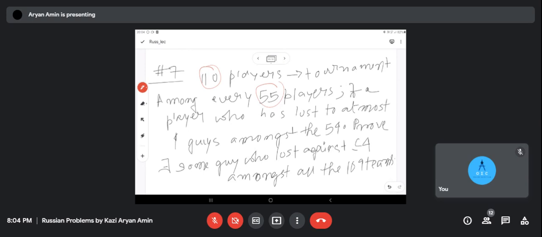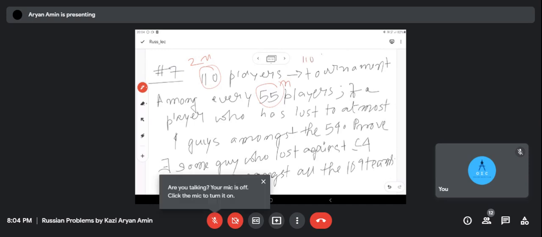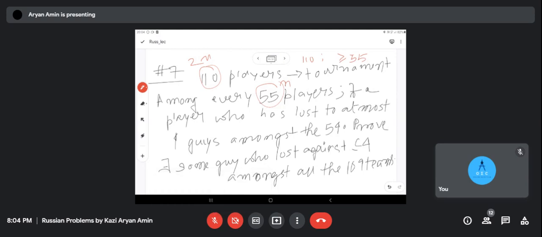So you would think this might be generalizable to 2n and n. But the point of the problem is that 110 is basically a fake thing here. You could replace 110 with anything at least 55 and the problem still holds.